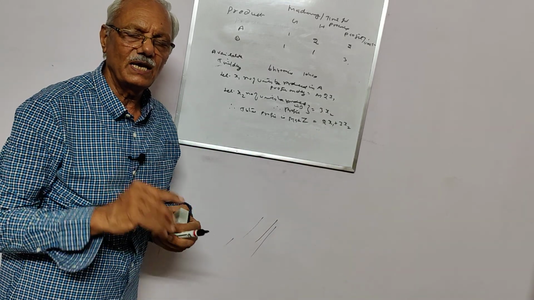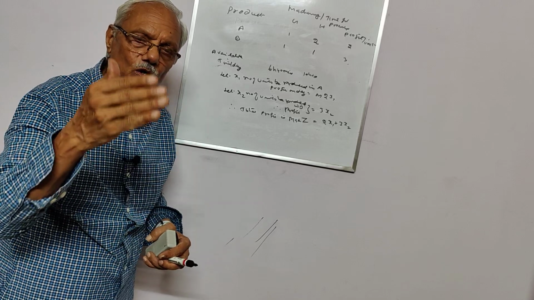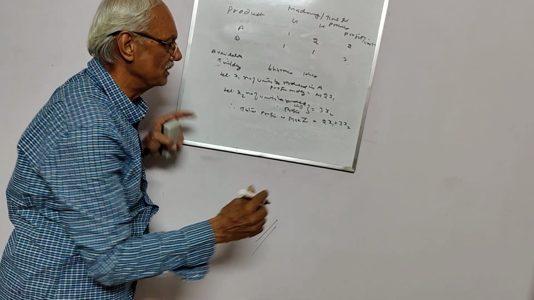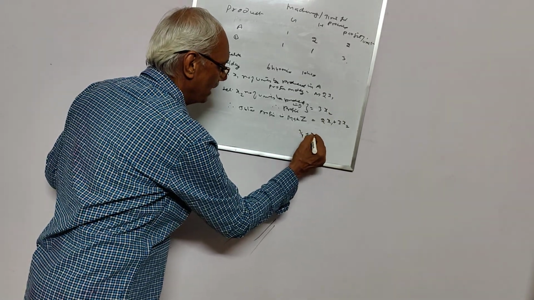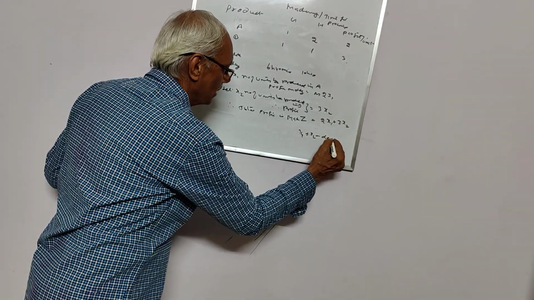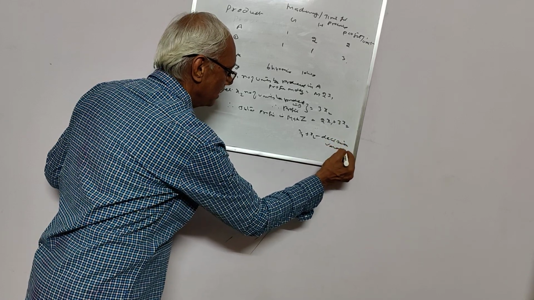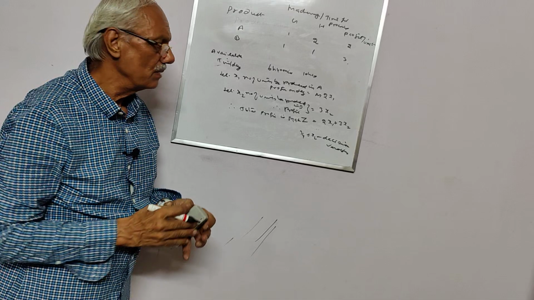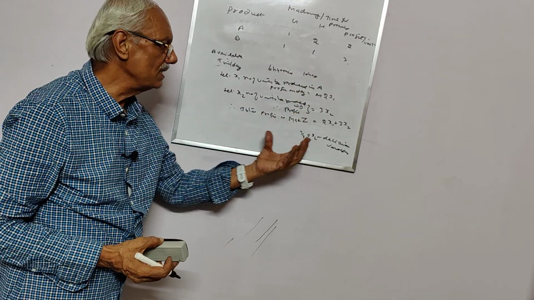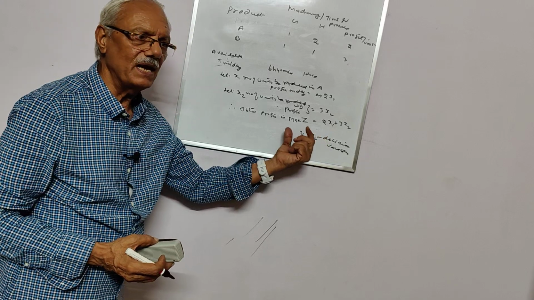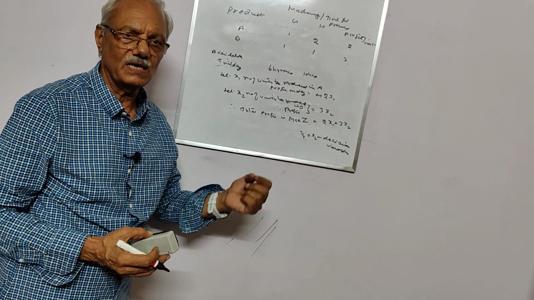Z is a function of x1, x2, and x1, x2 are called the decision variables, because they are going to decide the maximum profit. Now this cannot be achieved so easily because it has certain constraints.